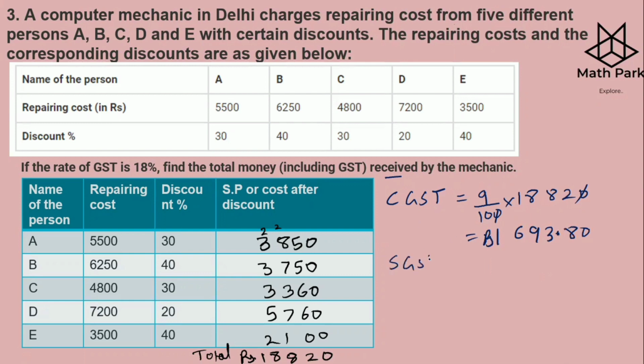SGST is also 9% of this amount, so again it is rupees 1,693 and 80 paisa.